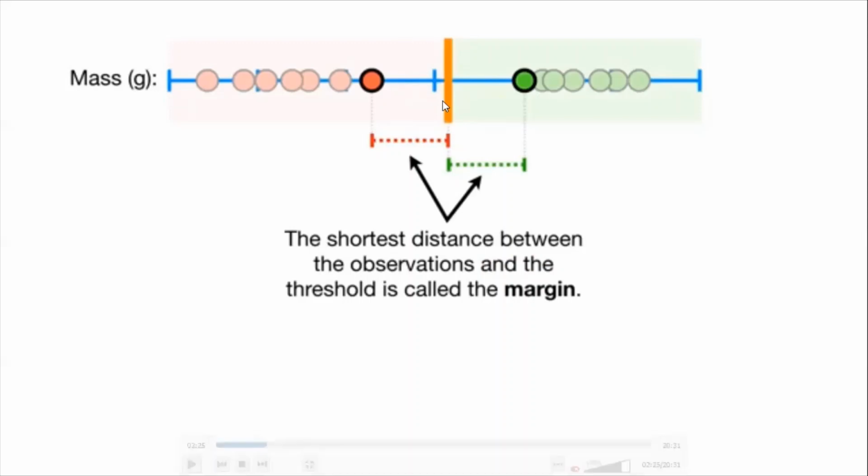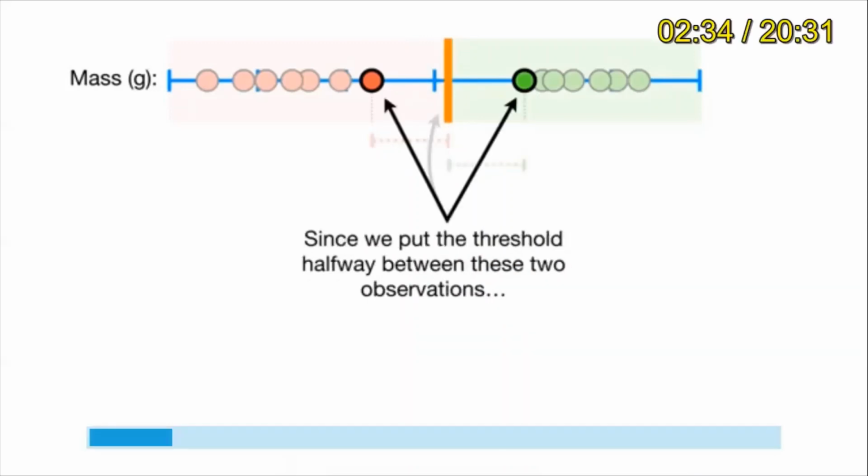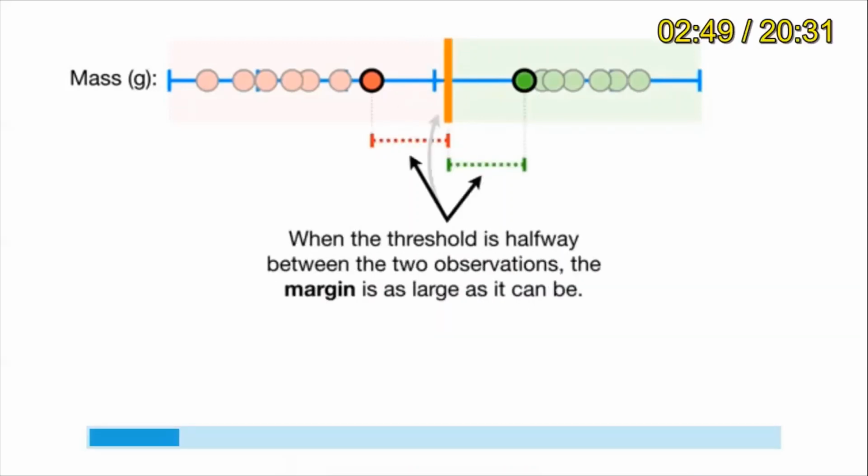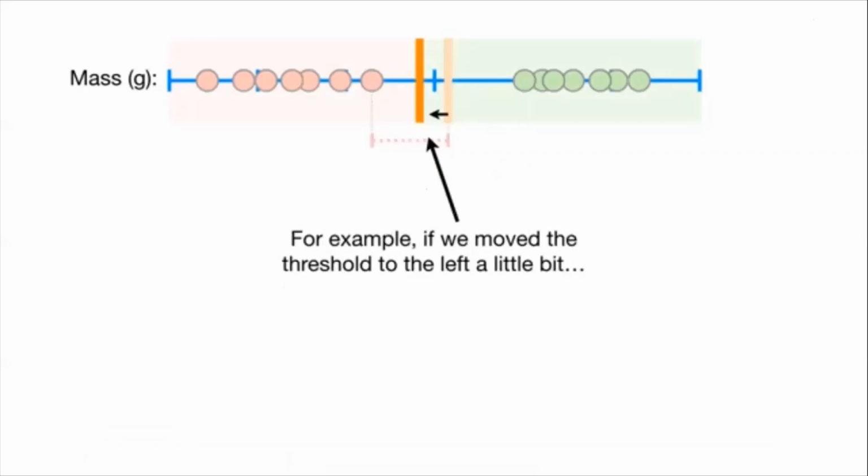As you can see, if we move this particular line a bit to the left, the margin for obese is increased way too much, and the margin for not obese is decreased.